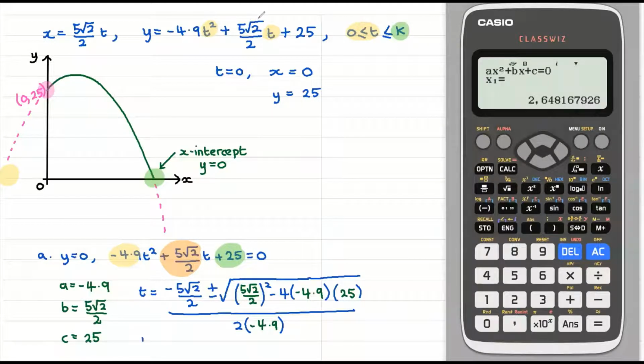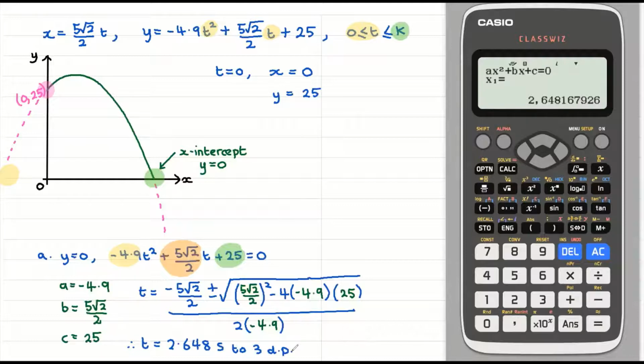So this is t. Therefore, t is equal to 2.648 seconds, and we'll leave that to 3 decimal places. Now, have we found our constant k? Well, yes, we have.